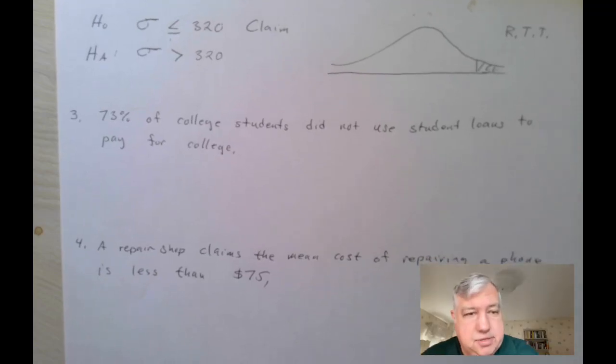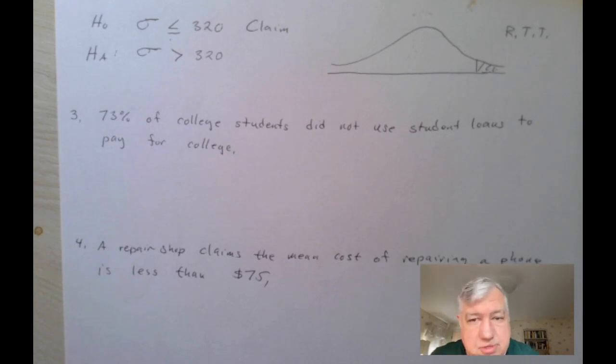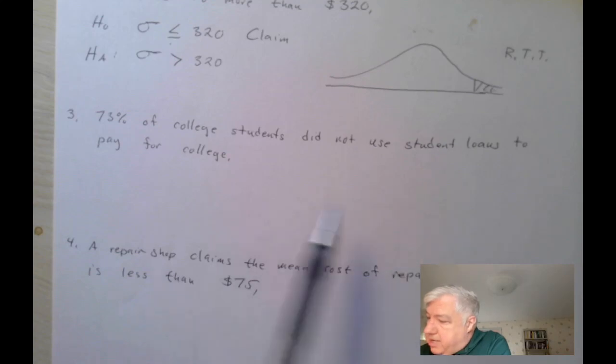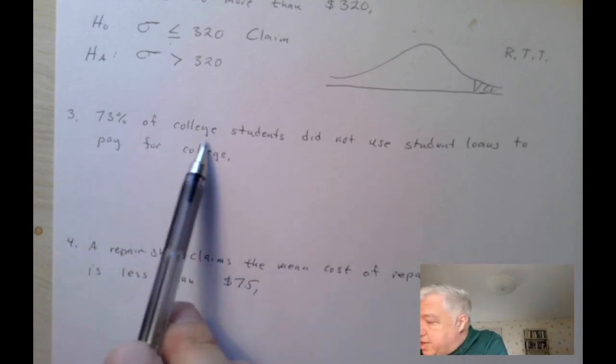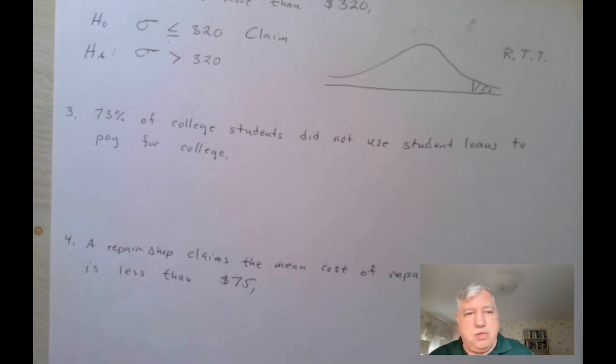Number 3, 73% of college students did not use student loans to pay for their college. So this is really a statement about the proportion of the population of college students that did not use student loans. And what we're saying is that 73% did not use student loans for college.